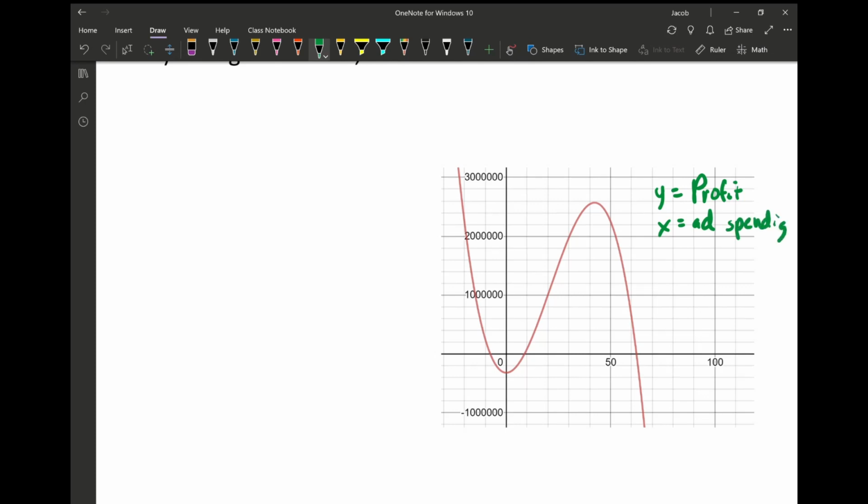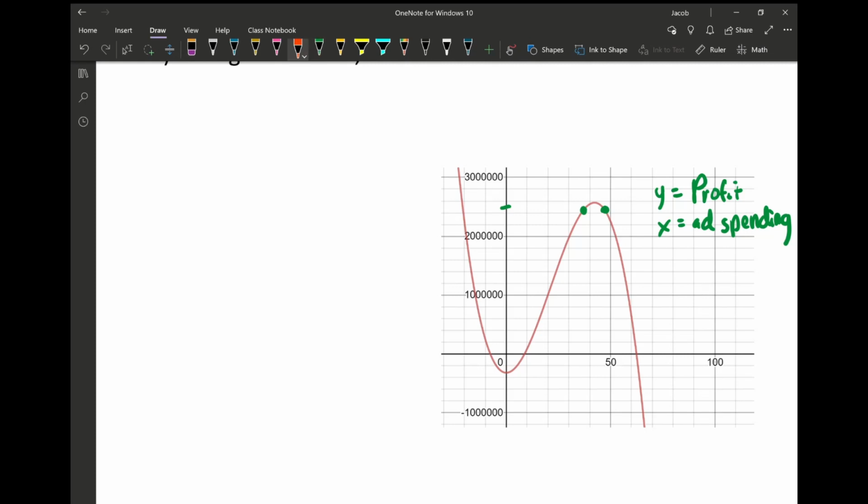We want to know where 2.5 million in profit is, and it looks like it's about right here. It's not really a vertex because this is a polynomial, and typically that term is reserved for quadratics. But if we look at the local maximum, it's not quite at the local maximum.